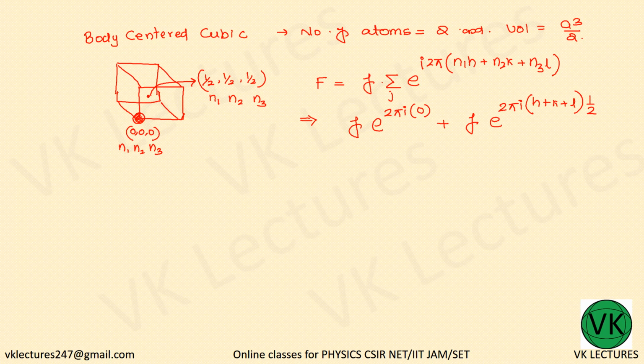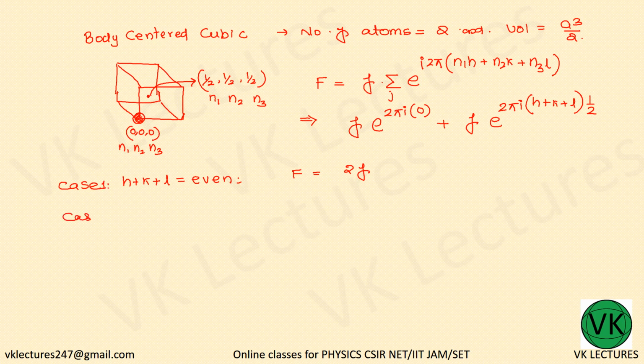Now there are two cases. Case 1 is when h plus k plus l is even, or that means when hkl values are even, you get e to the power 2i pi will be equal to 1, so F is equal to 2 times f. And that is case 1.